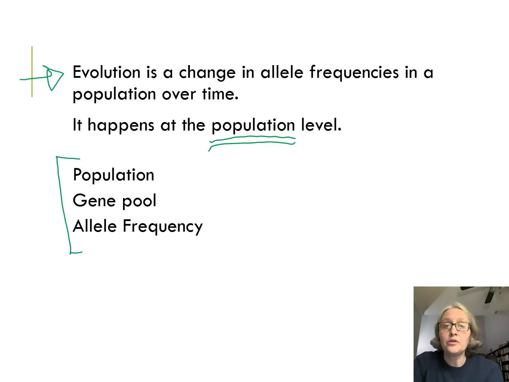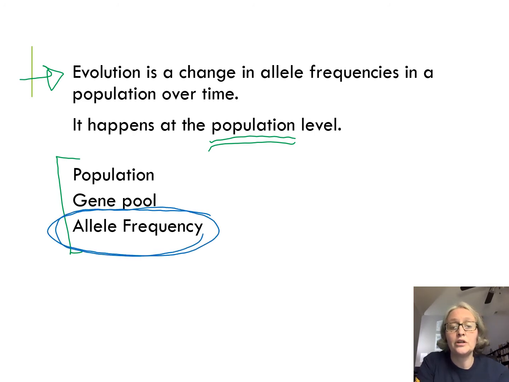And then the allele frequency is a number we can calculate telling us the frequency of those dominant and recessive alleles. So what evolution becomes now is if that allele frequency is changing in a population, we say that that population is evolving. Whether or not we're getting speciation really doesn't matter. As we think about microevolution, it's just that change in allele frequencies over time.